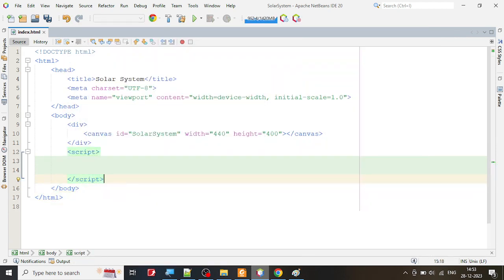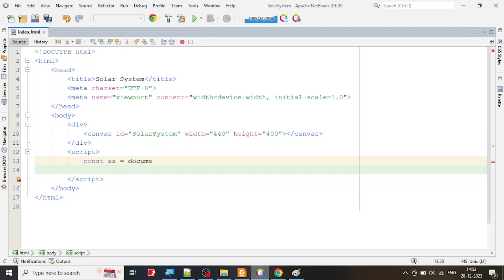So I have the script tag with me, and because I have to draw anything using this canvas, let me get the reference to that particular canvas. I'm going to create a constant and call it SS. And how do I get it?